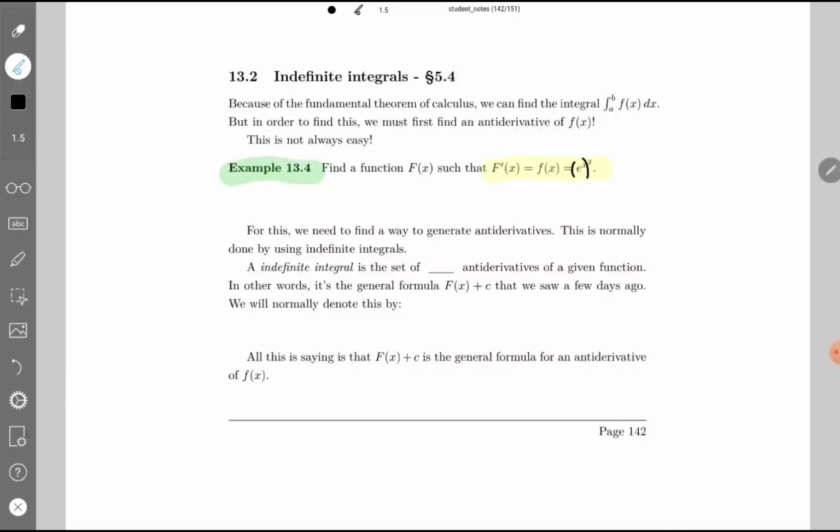This is a fairly difficult question to answer. We don't actually have the tools to be able to answer this, but at the end of your next semester, you should be able to answer this. You'll gain enough tools to be able to do this.